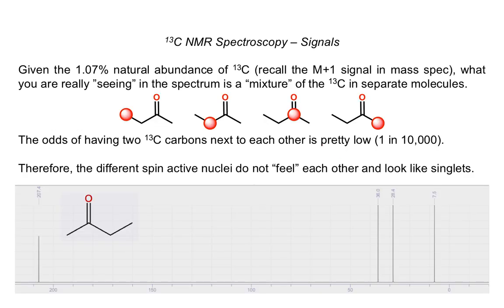So the reason that carbon only occurs as a line is because of that isotope abundance where it's only 1%. What you're seeing in the bulk sample is a mixture of compounds where that C13 is located on the different carbons of the chain. So in this spectrum, you see 1, 2, 3, 4 signals.